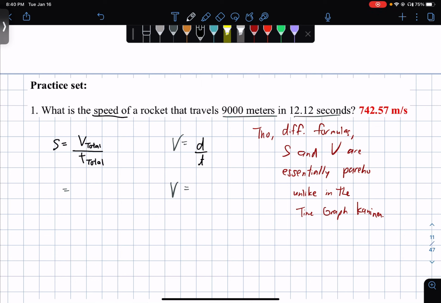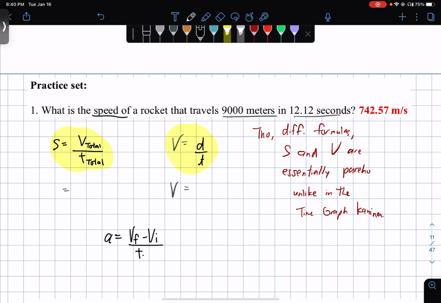And I just want to highlight again the importance of distinguishing the formulas between speed and velocity, as well as acceleration. Acceleration is defined as Vf minus Vi, just the same as velocity, and the denominator is basically the same denominator as speed.